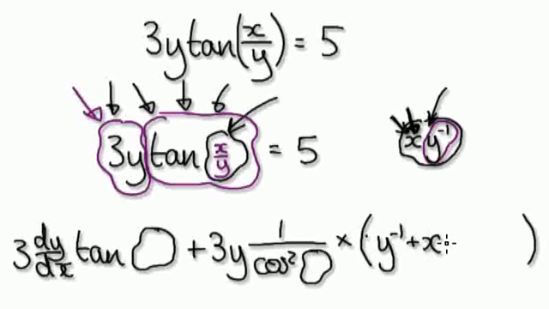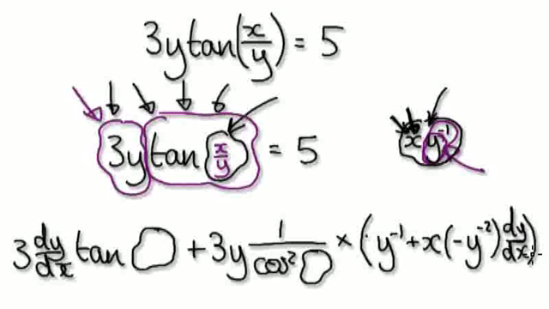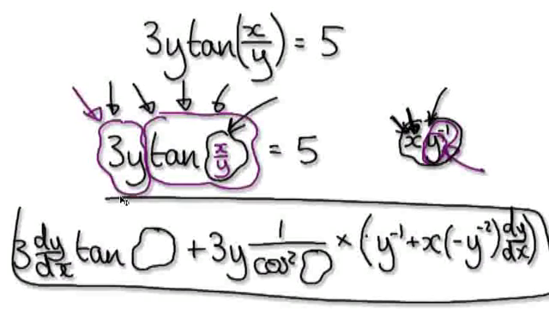So that will be keeping the x the same, and then times minus 1 y to the power of minus 2. Okay, and then now we've got to differentiate this here, a bubble within a bubble within a bubble, if that makes sense. So we've got to times it with the y here. So that will be dy by dx.